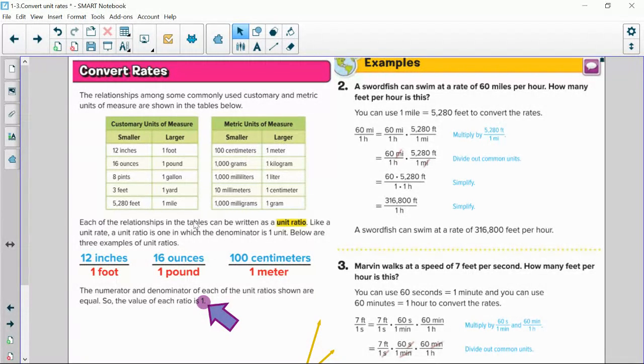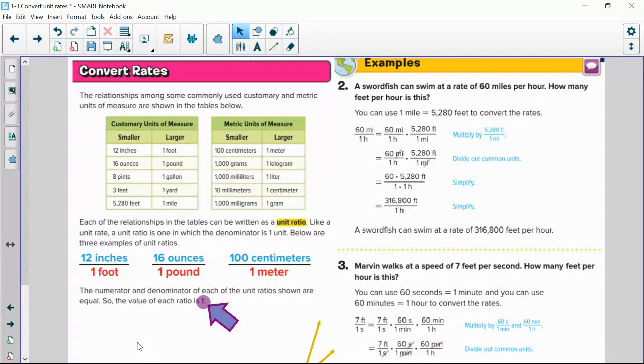And remember, each relationship in the table can be written as a unit ratio. Like a unit rate, a unit ratio is one in which the denominator is 1 unit. Below are 3 examples of unit ratios. Okay, so 12 inches to 1 foot. This is a ratio, but it's a unit ratio because we have the 1 in the denominator, just like when we find our unit rates.